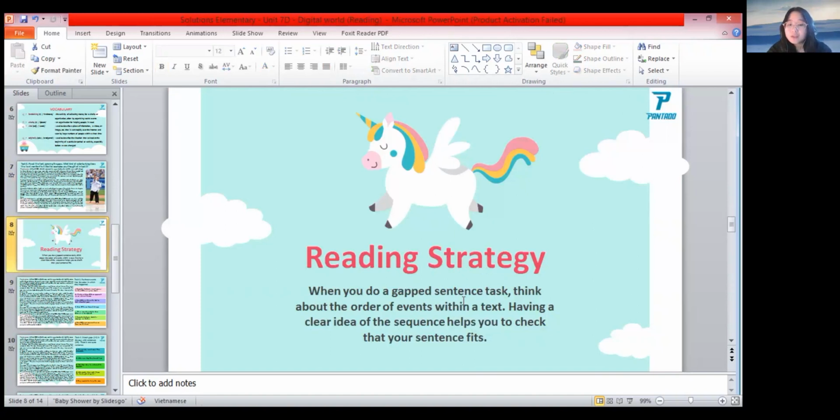When you do a gapped sentence task, you're gonna think about the order of the events within a text, and you should have a clear idea of the sequence, the order of the events. That will help you to check that the sentence fits. Okay, you're gonna consider the sequence of the events, which comes first, which comes second, and check if that sentence fits the gaps or not. Okay.